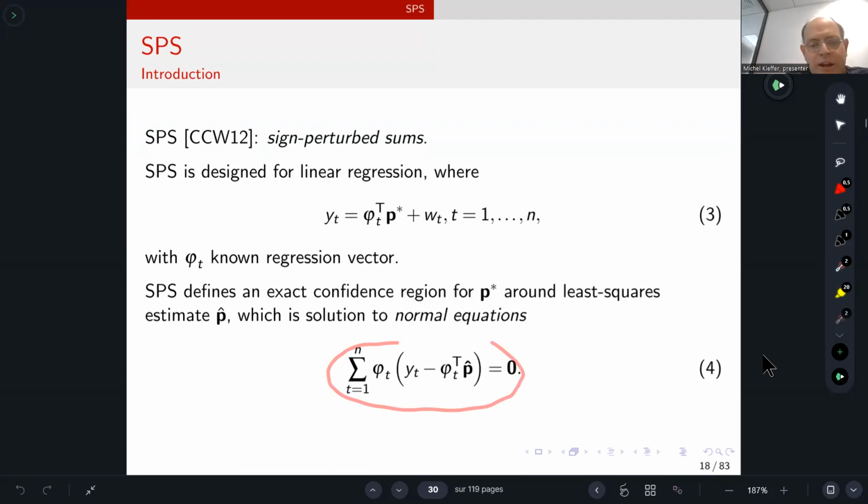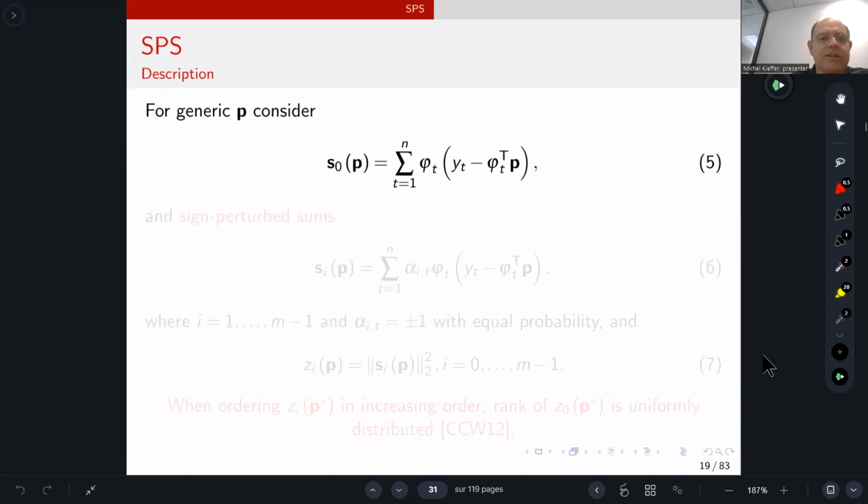This is a way to obtain an estimate. And SPS tries to obtain a confidence region for P star around this least squares estimate. So you do not make any additional assumption on the noise, except that it is symmetrically distributed, centered around 0, and that the noise samples are independent.